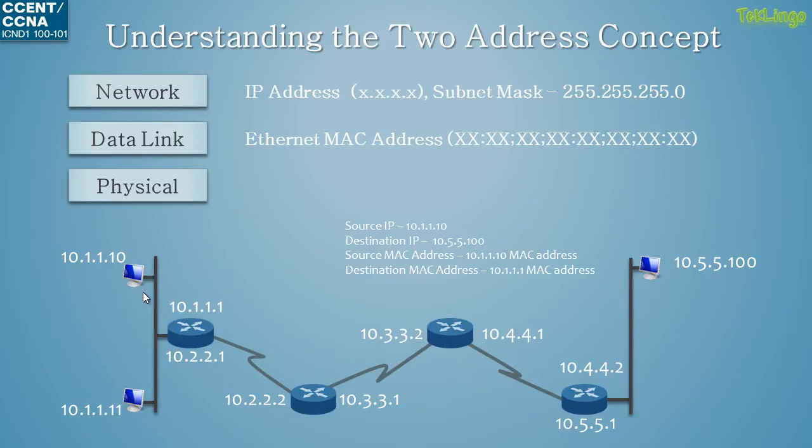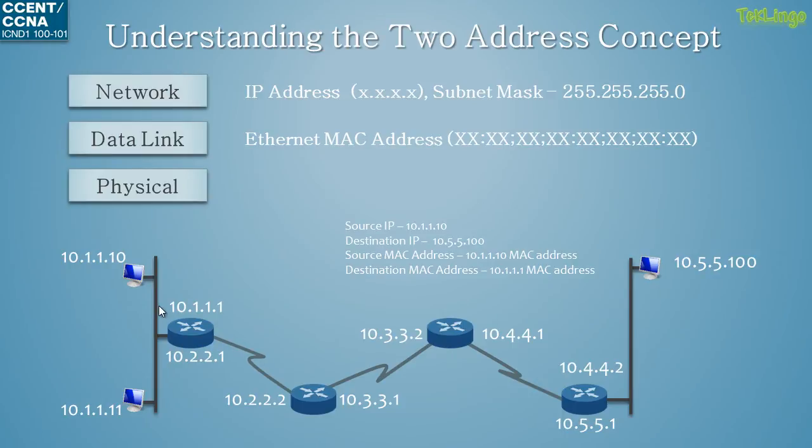So when the packet is sent, it will be received by the 10.1.1.1 router. When the router 10.1.1.1 looks at the packet, it will understand that the client computer is trying to communicate to it, but when it looks at the destination IP, the router understands that the computer 10.1.1.10 is trying to communicate with the computer 10.5.5.100 and not with it.